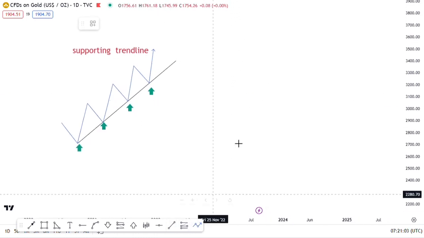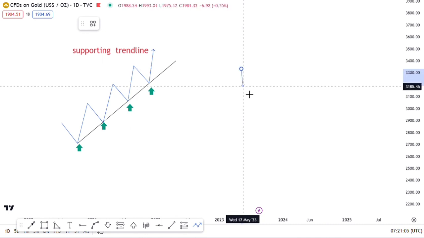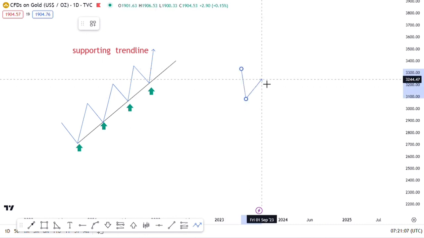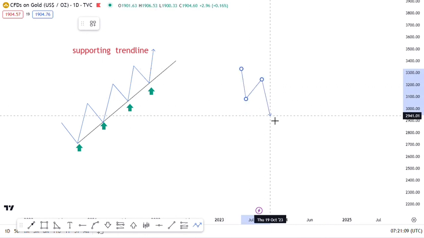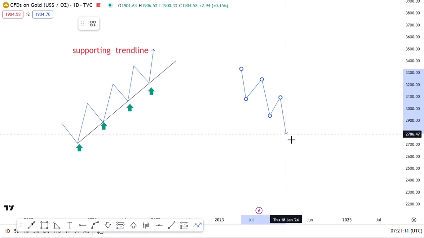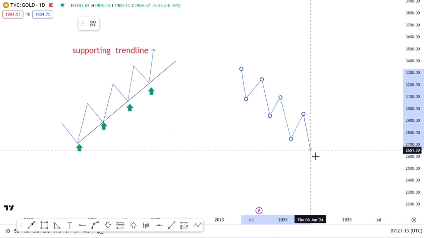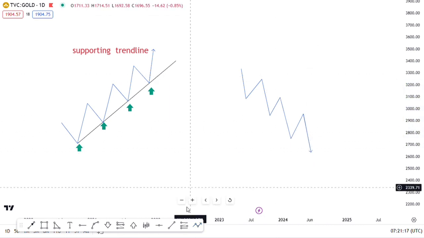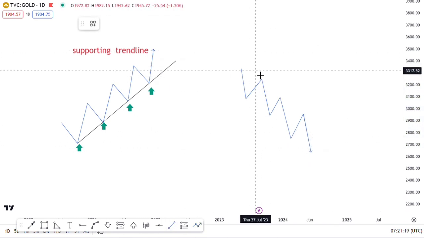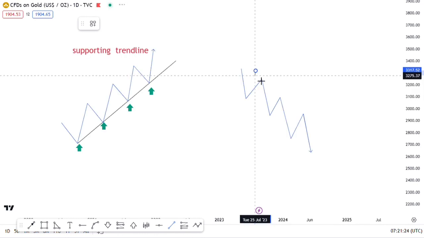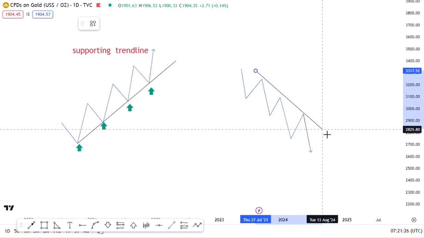And then let's go to our resisting trend line. I'm just showing you how you can draw this. You can connect your resisting trend line like this.